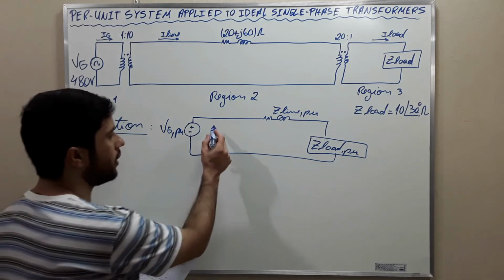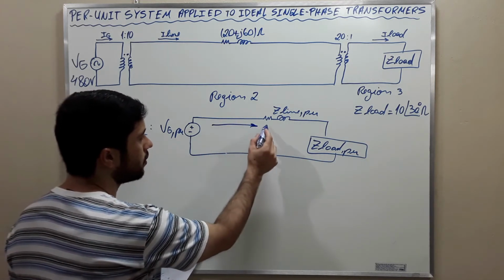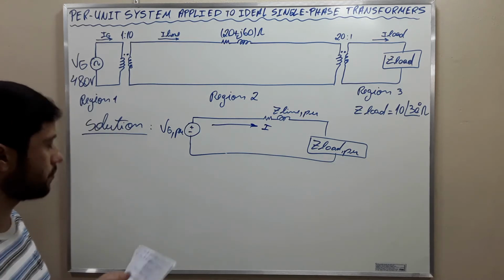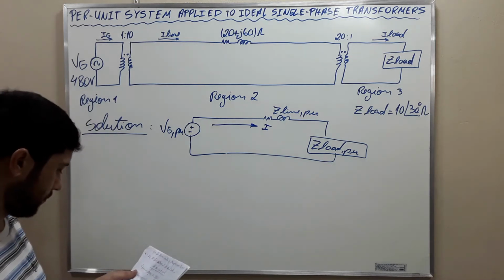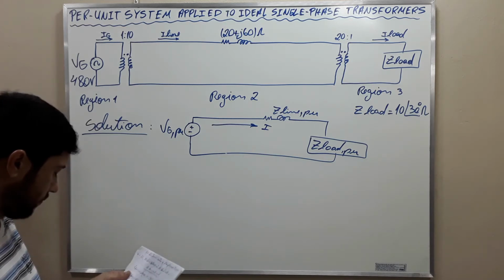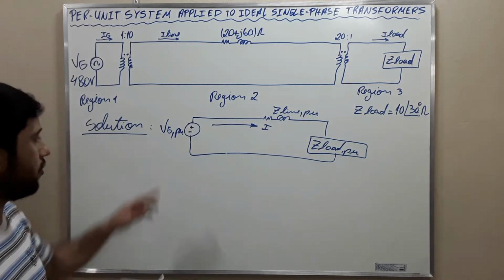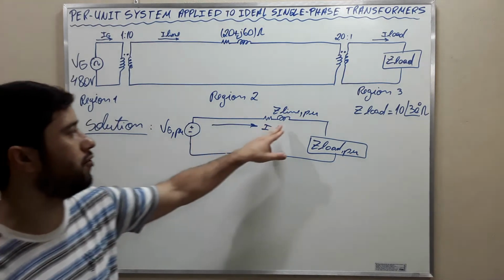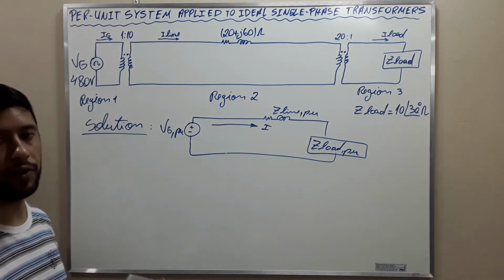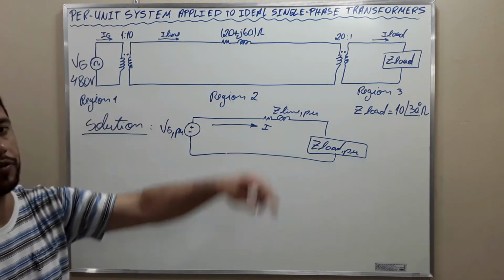Then a current is going to flow here. First of all, let's calculate these values in per unit using the base values that we found for each of the regions.